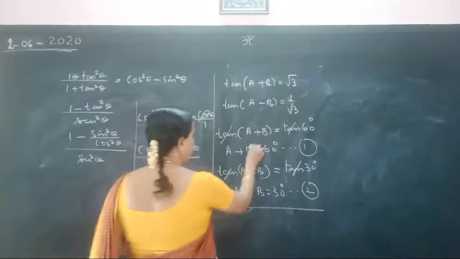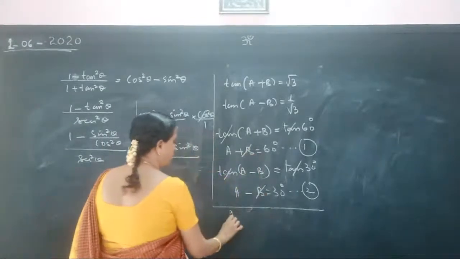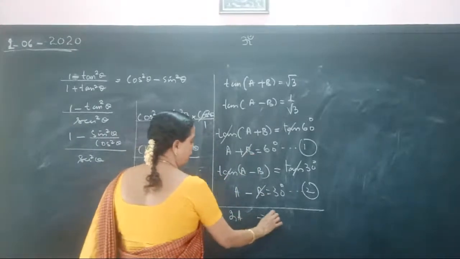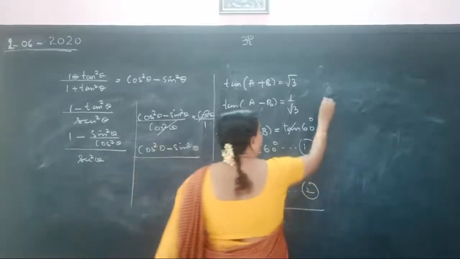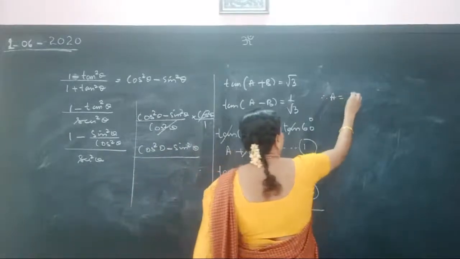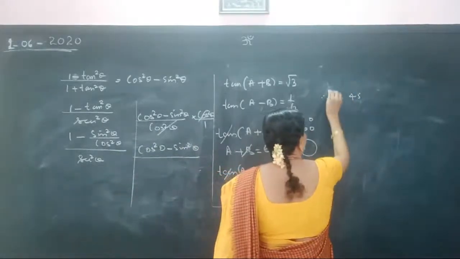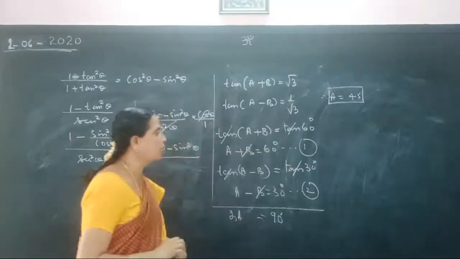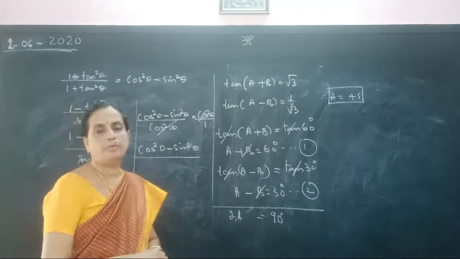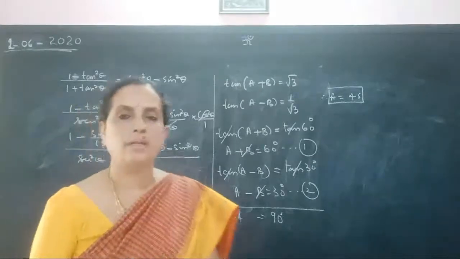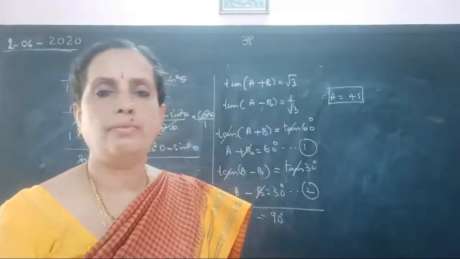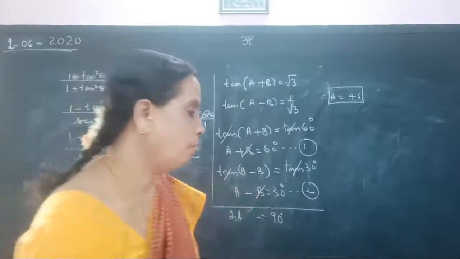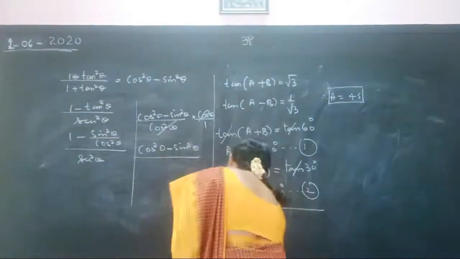So adding, plus b minus b cancel, 2a equals 90 degree, therefore a equals 45 degree. Now substituting the a value in any one of the equations, b equals 15 degree. a equals 45, b equals 15 are the two values of a and b.